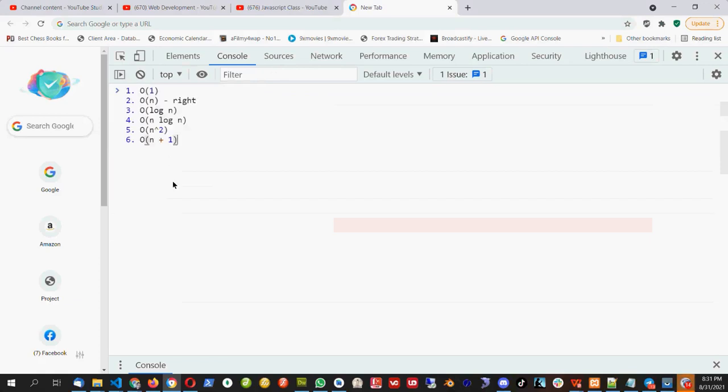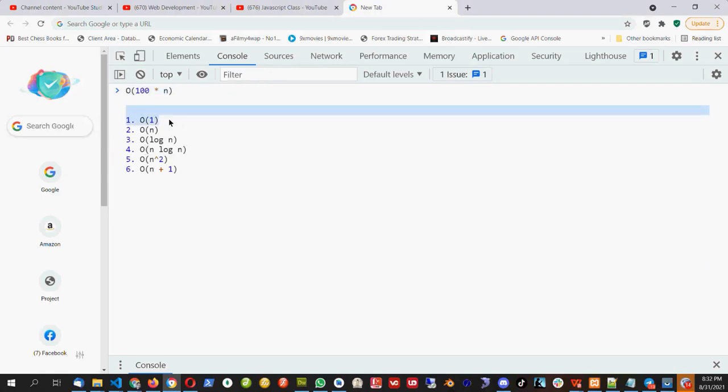Let me clear it. So the answers are the same, the question will be different now. Let me put the question. The question is O(100 into n). So this is the question, what is the exact right answer for this one?